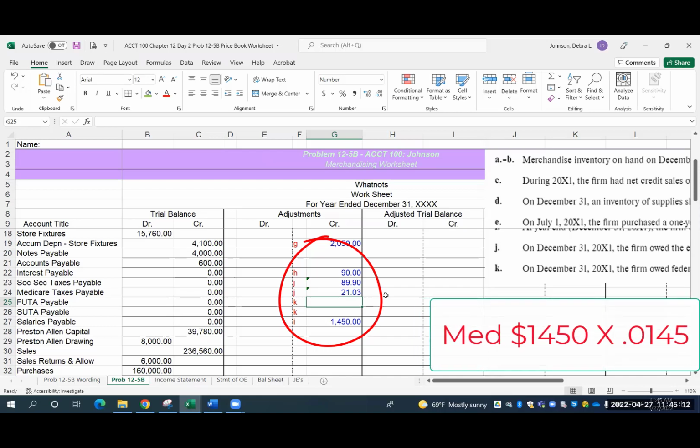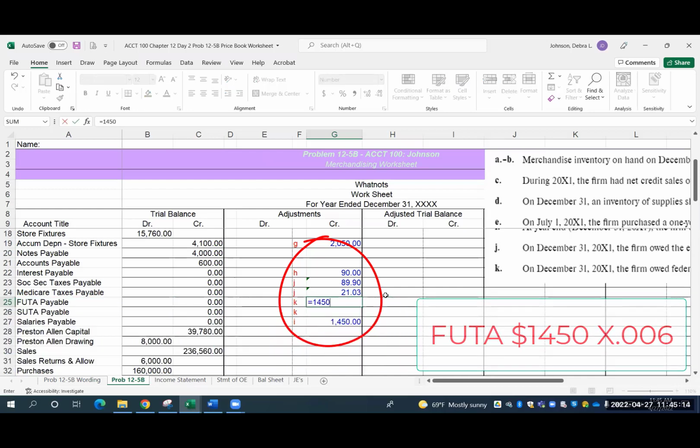The FUTA was 0.6, so 1450 times 0.006, because it was 0.6%. I got $8.70. Okay. And SUTA was the 1450 in wages times the 5% he used. That is not a California rate. So we'll use the rate he gave us, 5%.